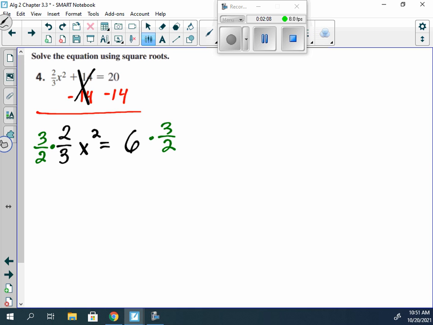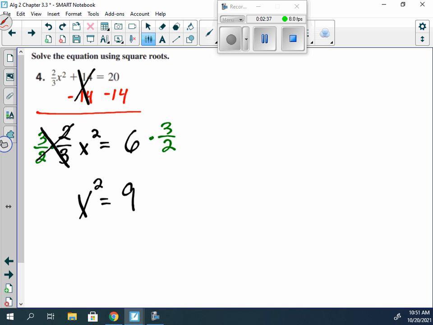Because looking at this here, we can say 6 times 3 is 18 divided by 2 is 9. And these would cancel. So if we're having to do it by hand, it's a little bit easier to multiply by the reciprocal than it is to try to divide by 2/3. Because even if we did that, we would end up multiplying by 3/2 anyways.